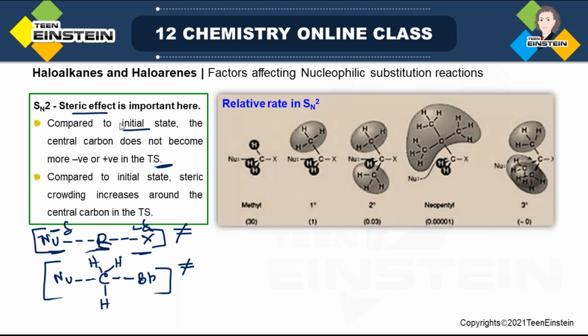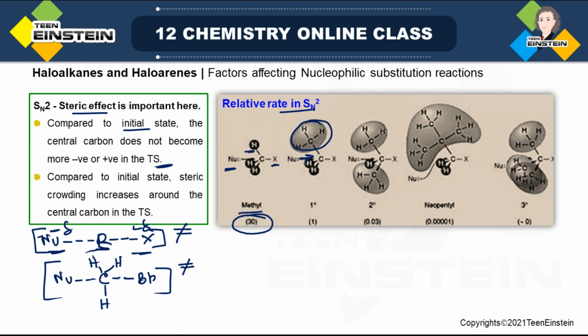As the steric effect is important, we will check the relative rate in SN2. If it is methyl halide, CH3X, the rate is very high, 30. The nucleophile is attacking from the opposite side. Now one of the hydrogens you have replaced with a methyl group, so obviously steric crowding is increased.